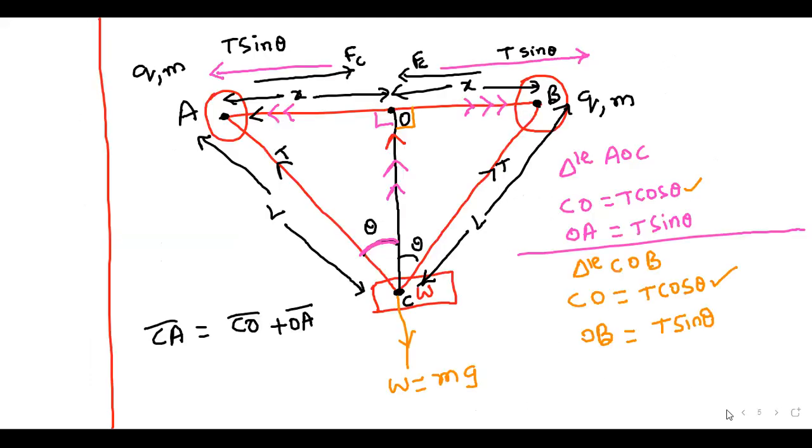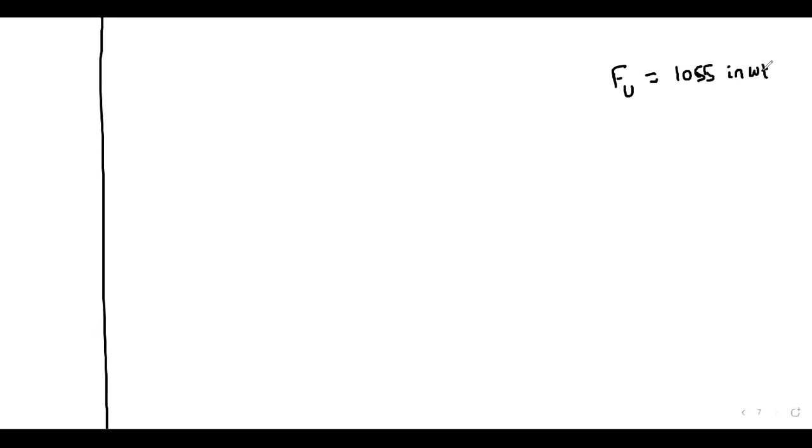From this free body diagram, whenever these balloons are kept in air, we know that according to the principle of buoyancy, upthrust is equal to the loss in weight of the object, that is, weight of the object in air minus weight of the object in liquid.